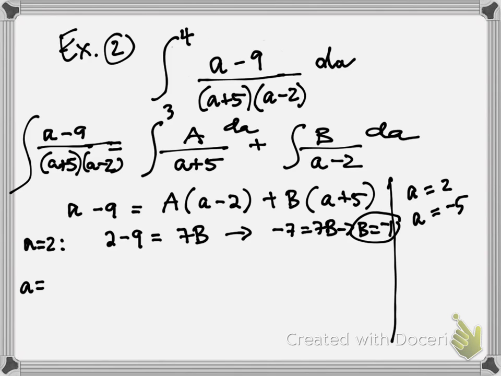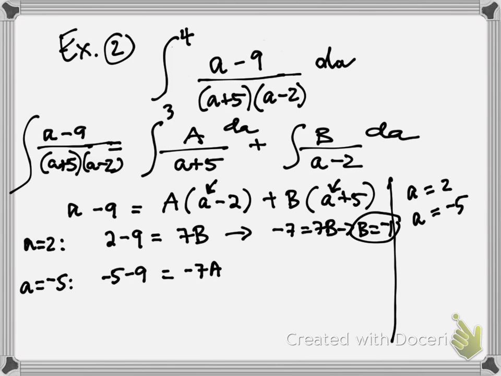Now, when a equals negative 5, let's see what happens. Negative 5 minus 9 equals, when I plug in negative 5 to the a here, negative 5 minus 2 is negative 7a, right? When I plug in negative 5 over here, that becomes 0, so the b disappears.